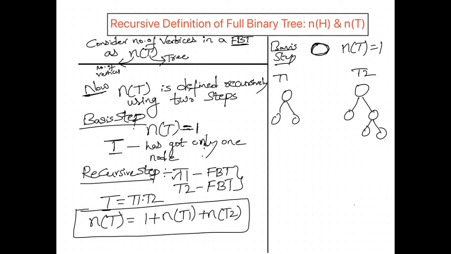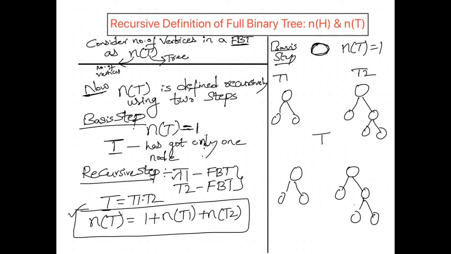Now we'll see how this equation is satisfied with this example. I want to combine T1 and T2 to form a tree called T. First I am writing this T1 tree, next I am writing the T2 tree.